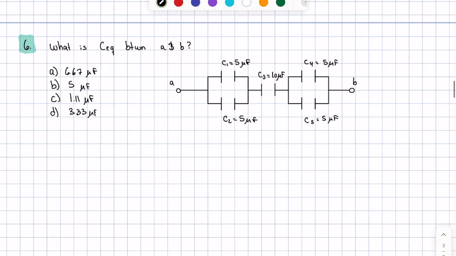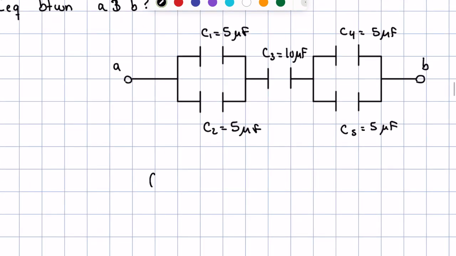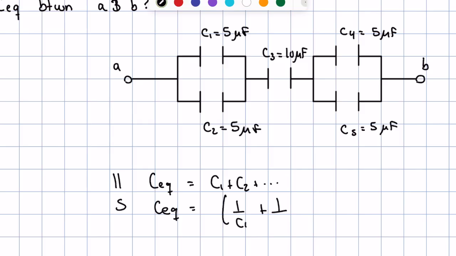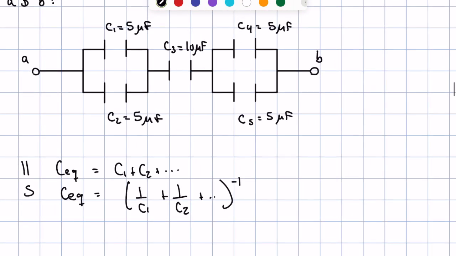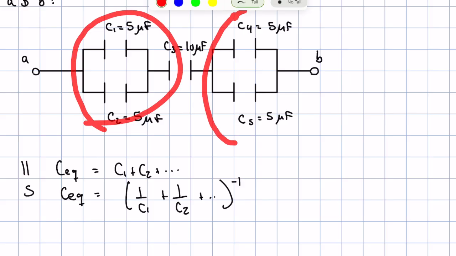6 says, what is the equivalent capacitance between points A and B? C equivalent, when they're in parallel, is equal to C1 plus C2 plus whatever. And then C equivalent, when they're in series, is equal to 1 divided by C1 plus 1 divided by C2 plus whatnot, to the power of negative 1. We see that these are in parallel and these are in parallel.